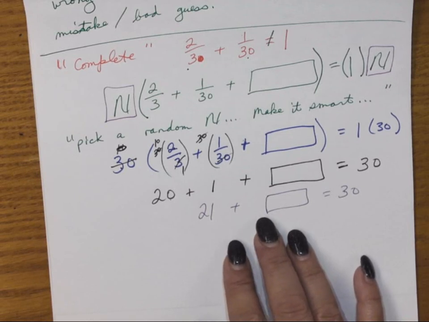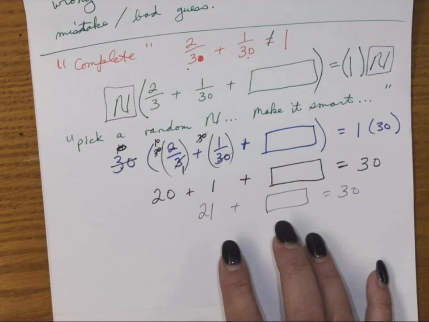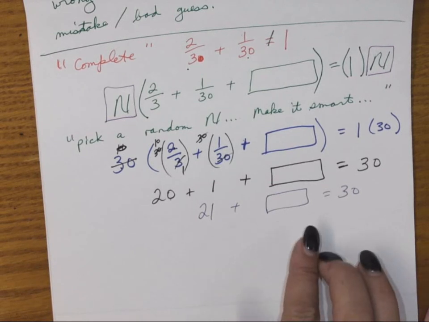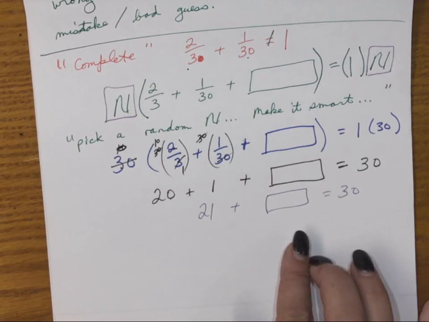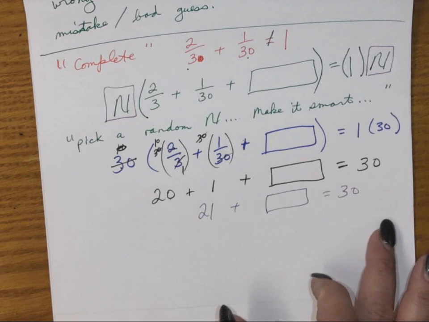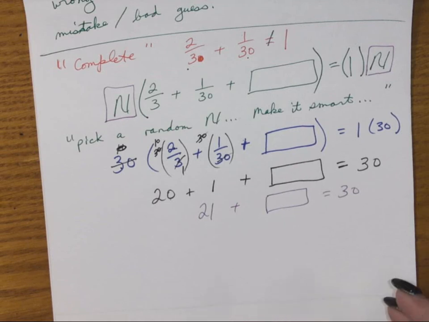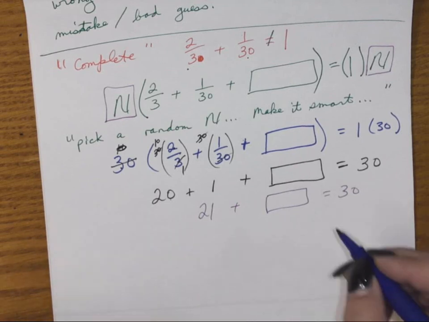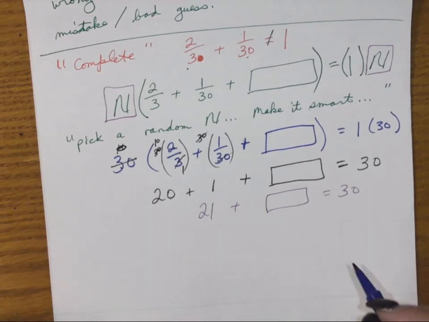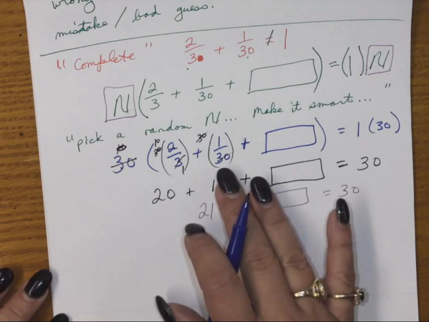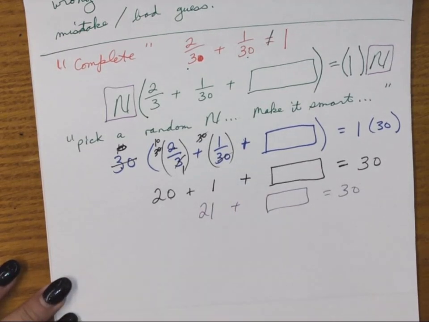So what kind of relationship should I have here between these guys? I've got 21 plus something gives me 30. Well, what is it? It's a 9, right? I know I need to put a 9 in there. But I can't do it as a whole number. I need to do it as fractions because remember, I just cleared out all my fractions.